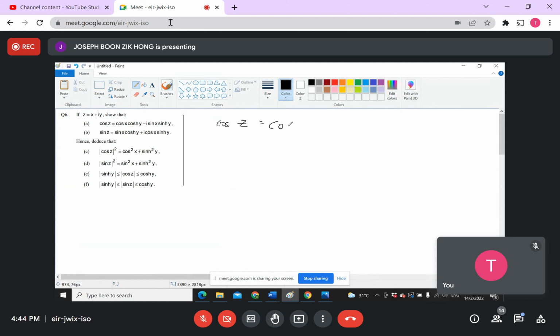Cos z is equal to cos of x plus iy, that means it will be cos a cos b minus sin a sin b. Then cos iy I can make into cos hyperbolic y, and sin iy I can make into i sin hyperbolic y.